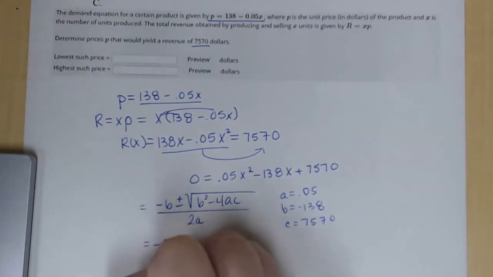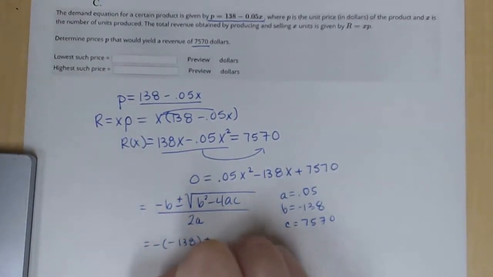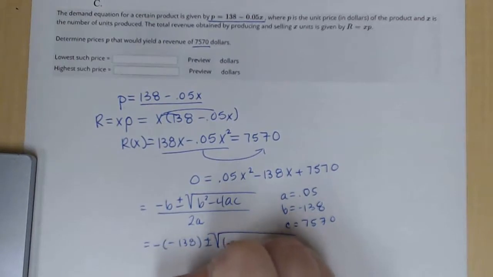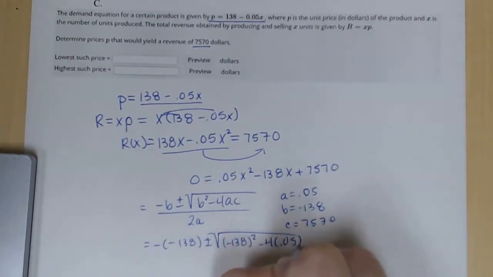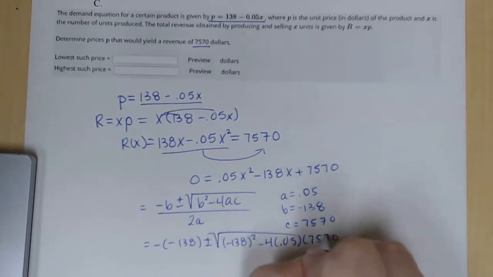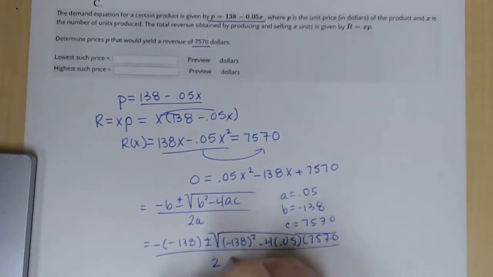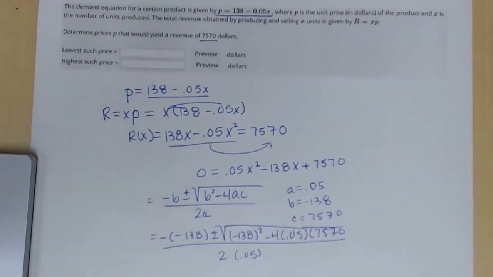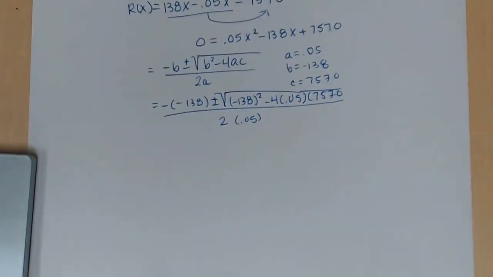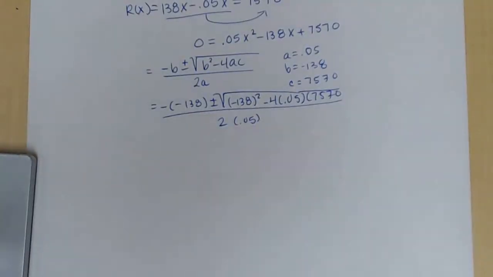So let's see, negative and negative 138 plus or minus the square root of negative 138 squared minus 4 times 0.05 times c. Now I haven't shown you all the steps of plugging this in, but I do want to show you this one on your calculator because I want you to be careful. If you don't use parentheses appropriately, you're going to mess up this number here.